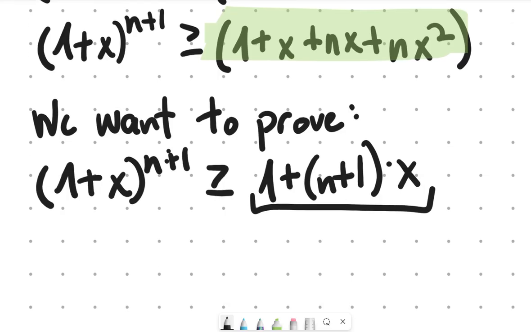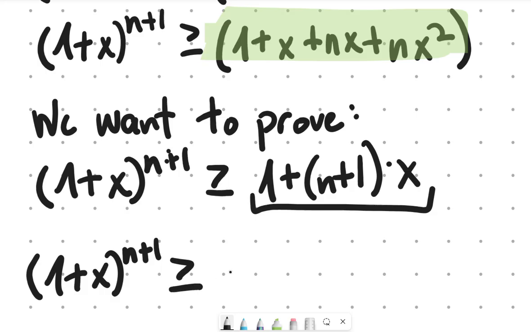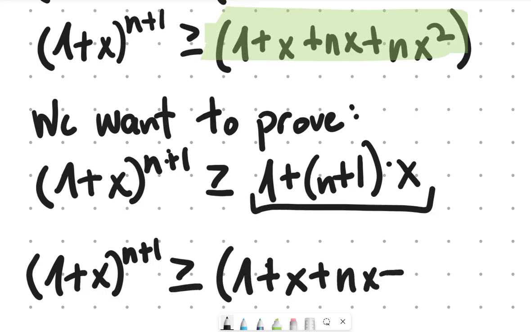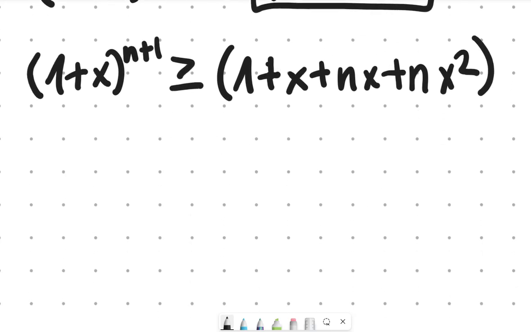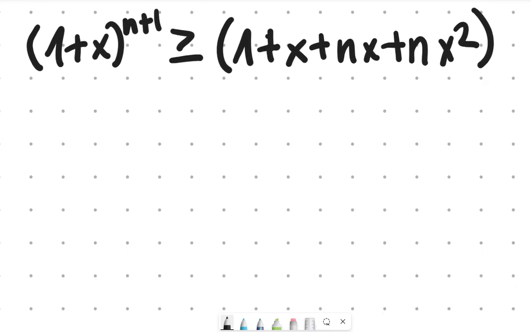So how can we go forward? We still have (1 + x)^(n+1) bigger or equal to 1 + x + nx + nx². Now what about x + nx? We can put the x out of it to have two products overall.